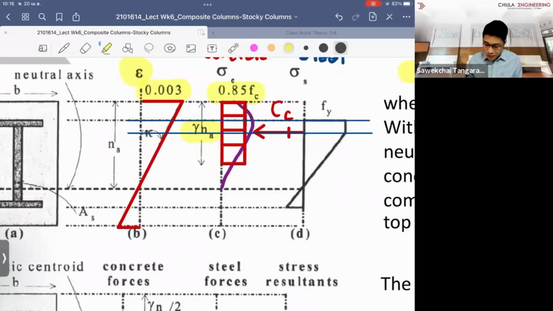And based on the value of 0.002, for example, in this case, you just use a linear proportion because you already calculated the neutral axis depth, right? So you just use two similar triangles, one is the big diagram, and the other one is the diagram over here.